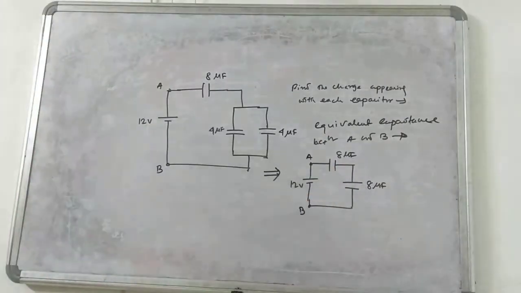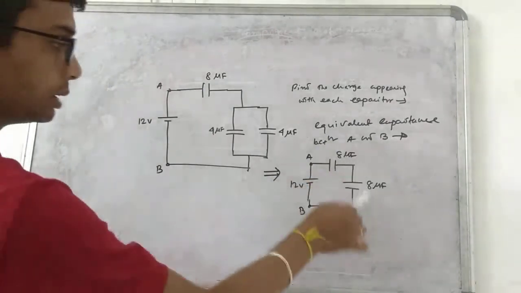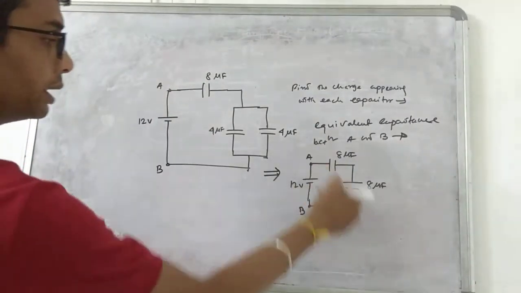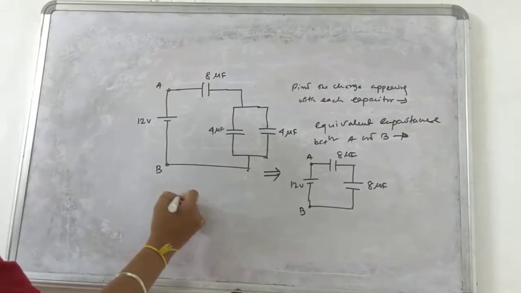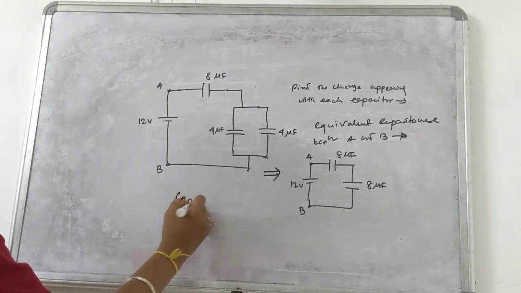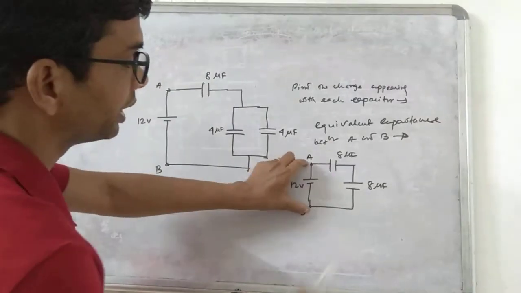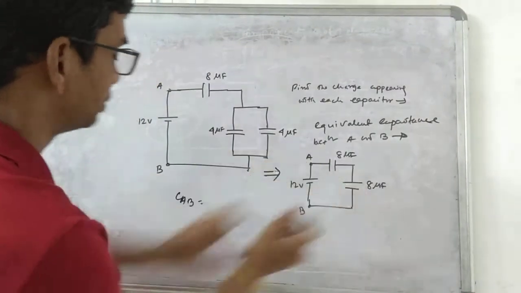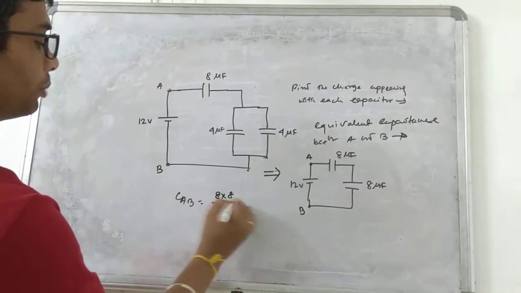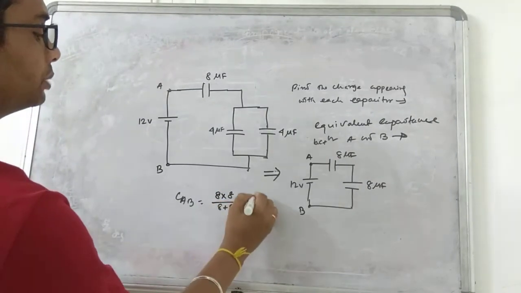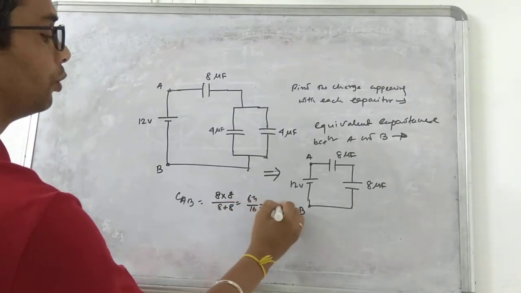Then you see these 8 and 8 are in series. So CAB between point A and B is 8 into 8 by 8 plus 8, that means 64 by 16, that is 4 microfarad.